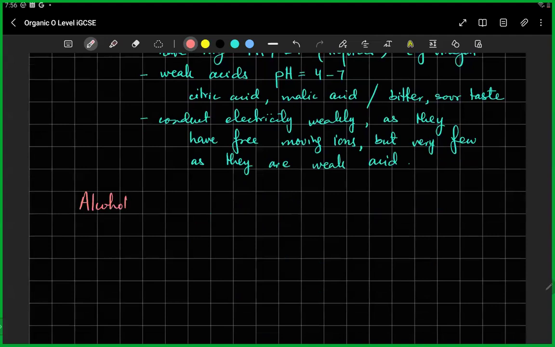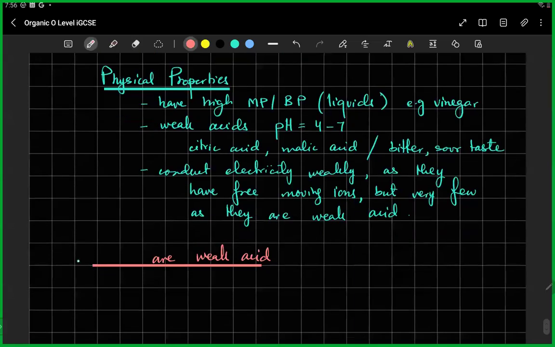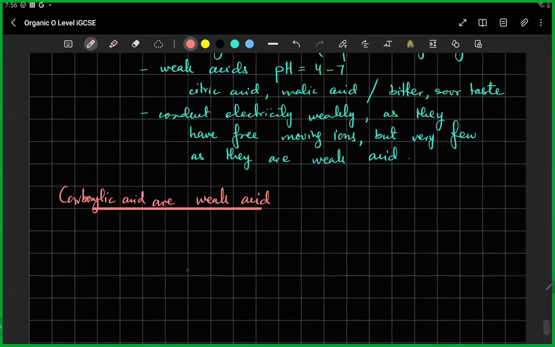So carboxylic acids are weak acids, ठीक है. What is a weak acid? अच्छा, they're weak acids. अब इसमें होता क्या है if they're weak acids?